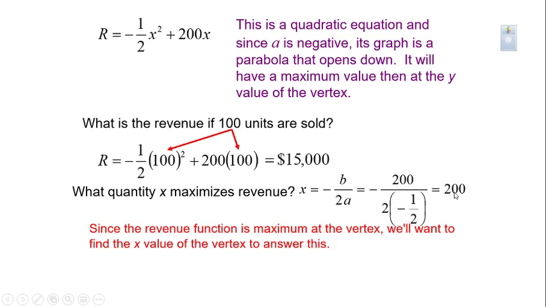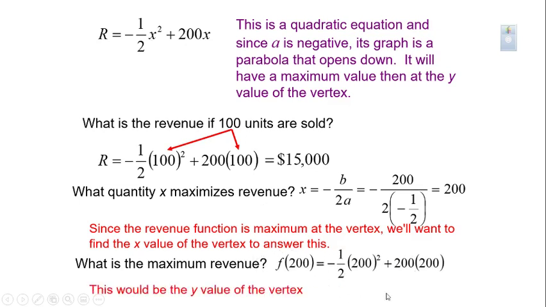So if we sell 200 items, that will give us the maximum revenue we can get. What is that maximum revenue? Well, simply plug in 200 for x. When I plug in 200 for x, that works out to be $20,000.